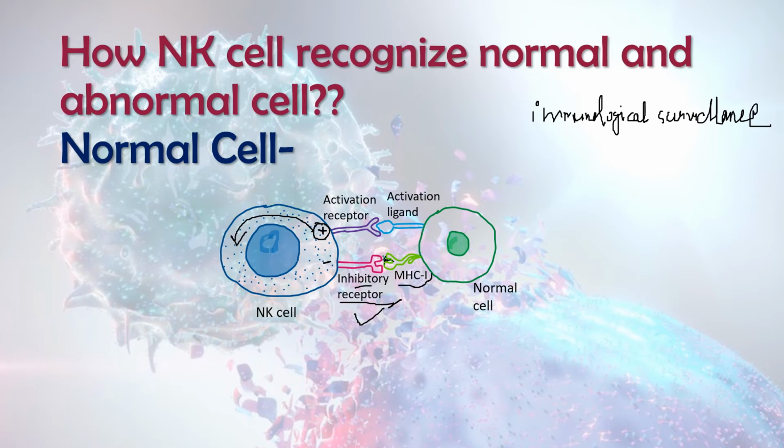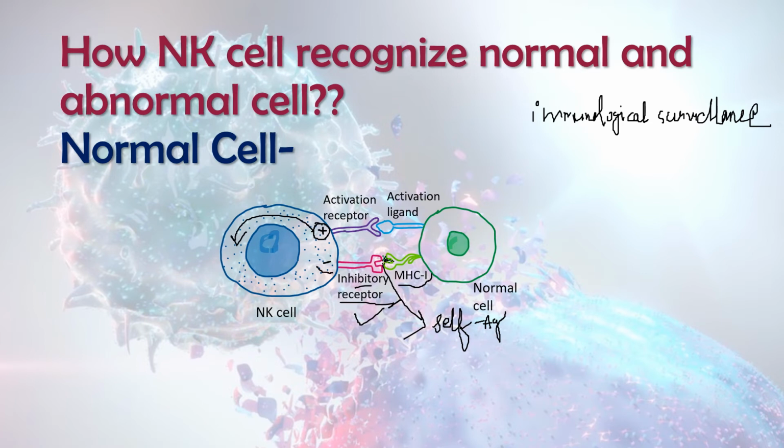Then the inhibitory receptor, this one, recognizes this as a self antigen. The inhibitory receptor recognizes that the MHC1 molecule contains self antigen or self protein molecules. Thereby inhibition outweighs the activation. So as soon as it detects that the MHC1 molecule expresses self antigen or self protein, what happens?